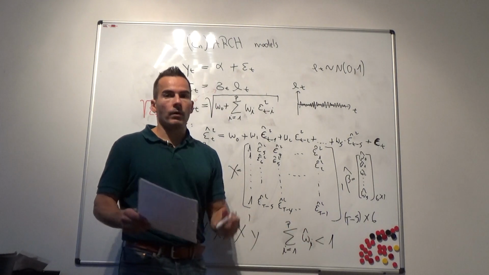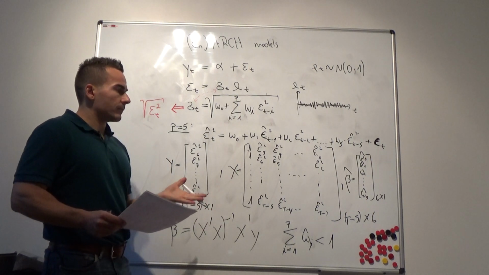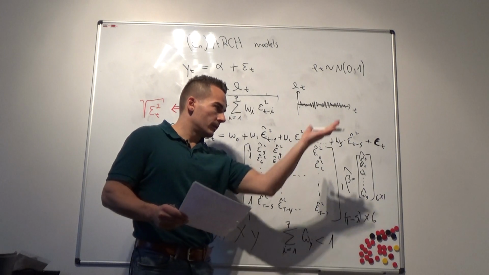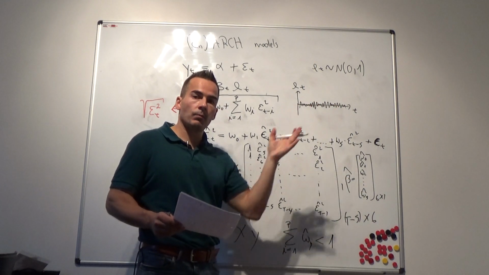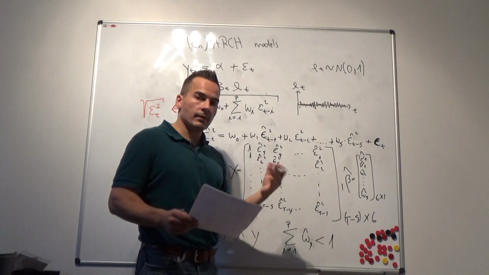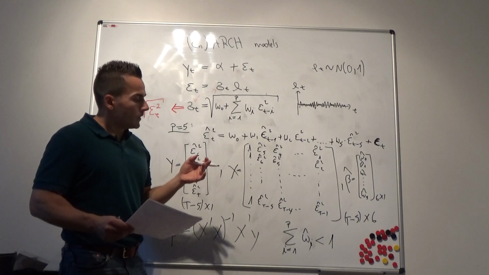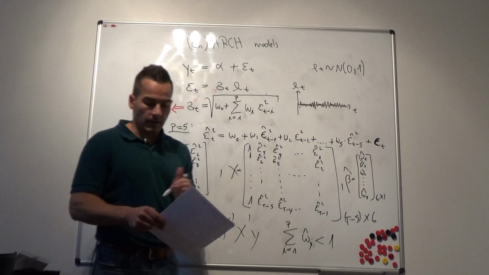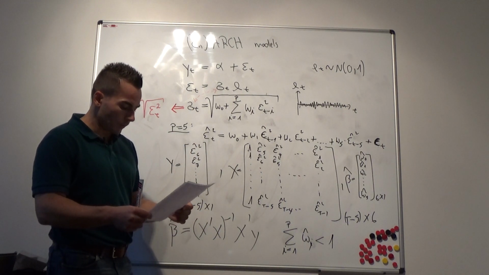The process would be integrated, right? Because as time passes, the conditional volatility in the future is expected to rise and rise and rise. It would become larger and larger. We would have an integrated process going on here. So that's why we need to check if these sum up to something less than 1. That's the so-called stability condition.